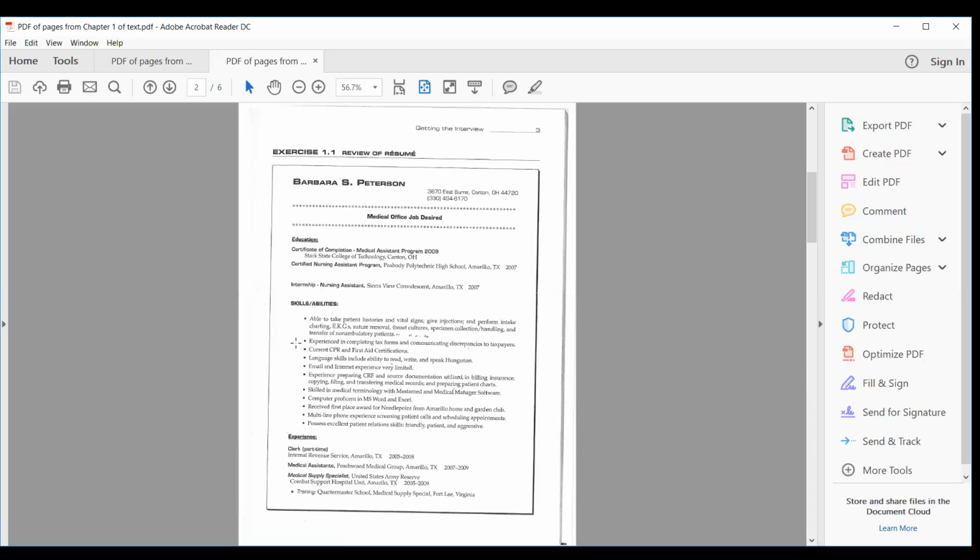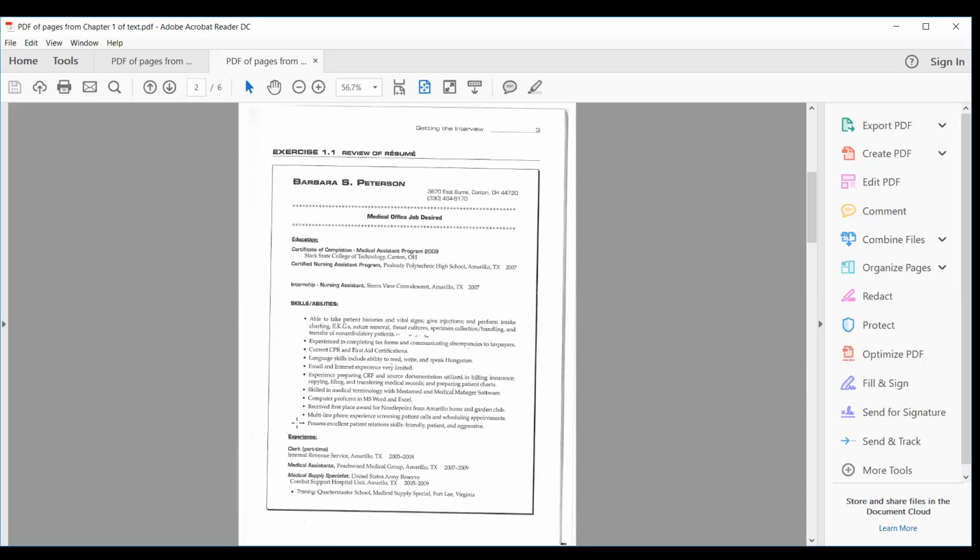Okay, so the patient histories, current CPR, using billing documentation for billing insurance, terminology, proficient with Microsoft Word and Excel, good. Forget the needlepoint award. Multi-line phone experience screening patient calls and scheduling appointments. That's probably useful.